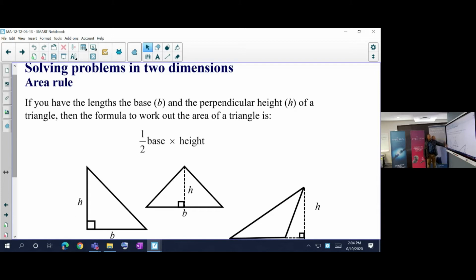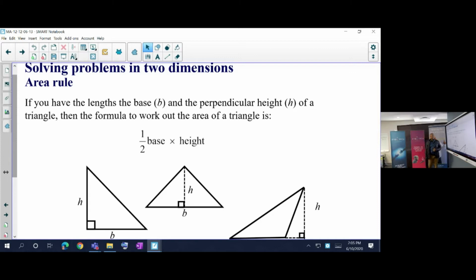So the first triangle is a right-angled triangle. You can see that the second one is not a right-angled triangle, but we can make a right angle somewhere on the apex of the triangle. We can also make a right angle with the obtuse-angled triangle to actually have a right angle there.